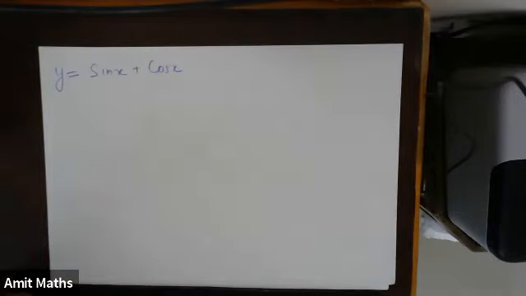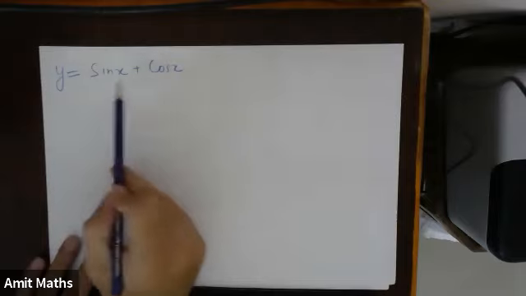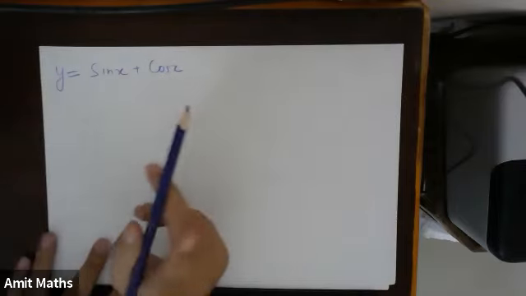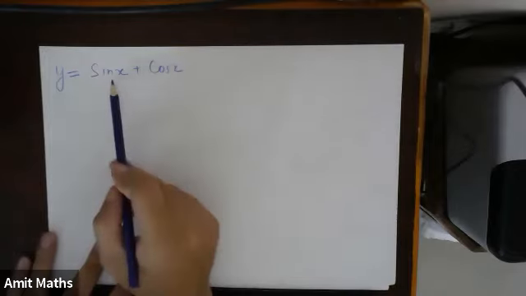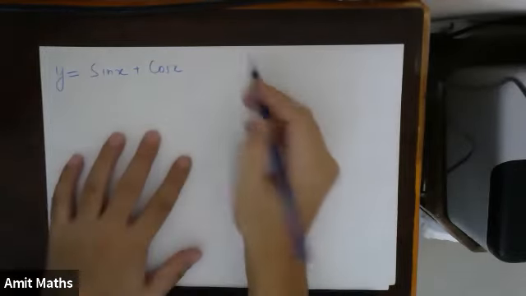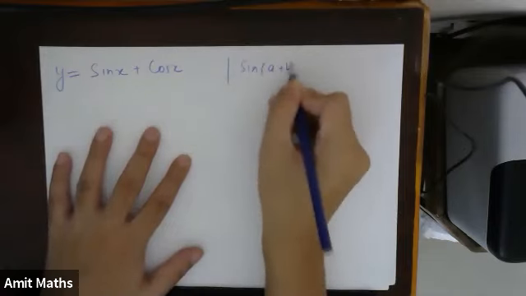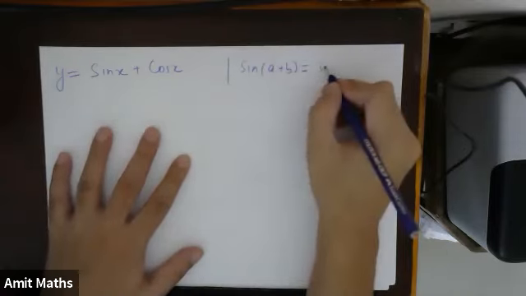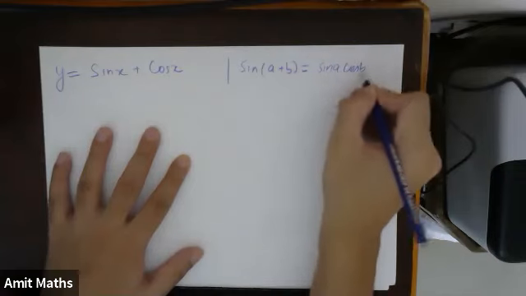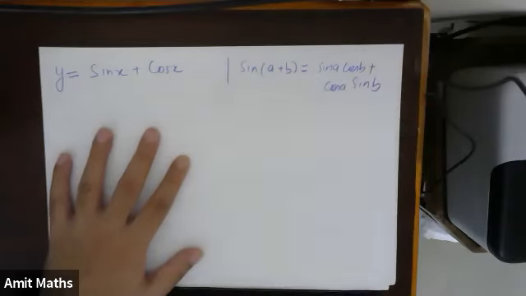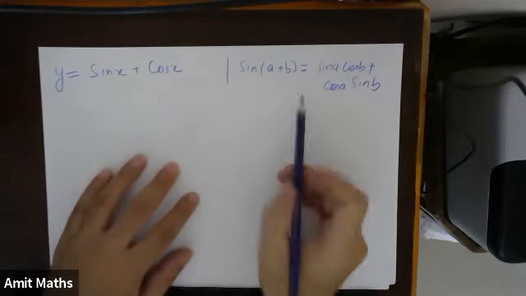Now these are in addition, so I have to convert this into a single identity. And we already know that sine of a plus b is equal to sine a cos b plus cos a sine b.